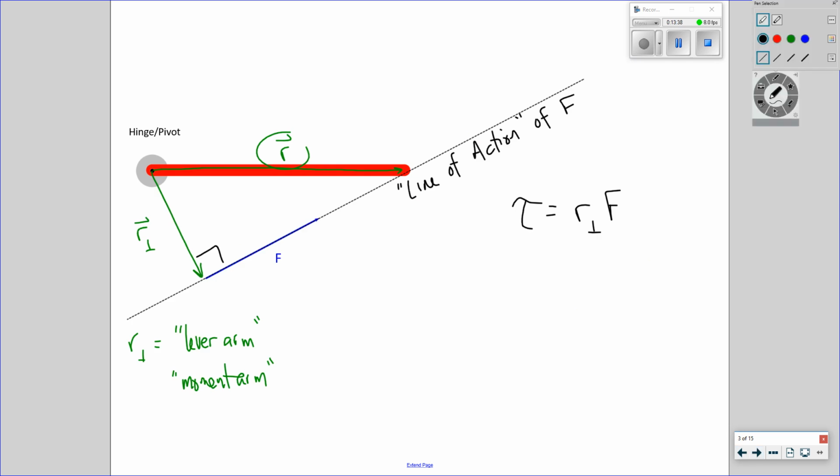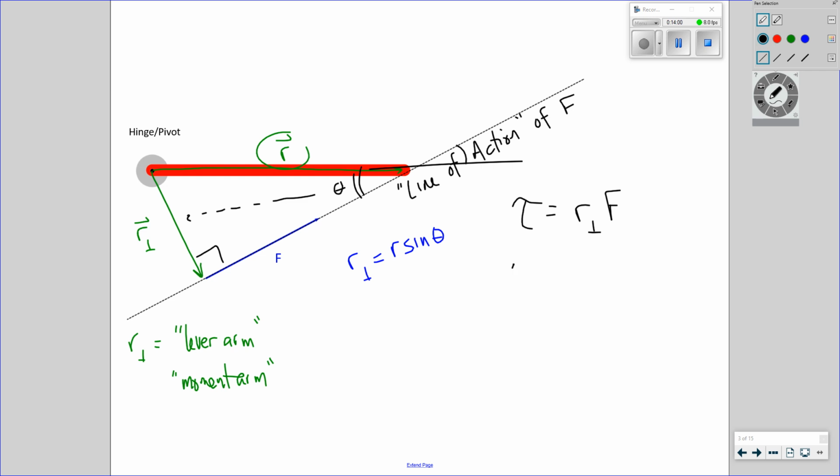If this is the same angle theta that we said before, here we said it was up here, but now that's the same angle. Notice, here's r perp, and r perp is r sine theta.